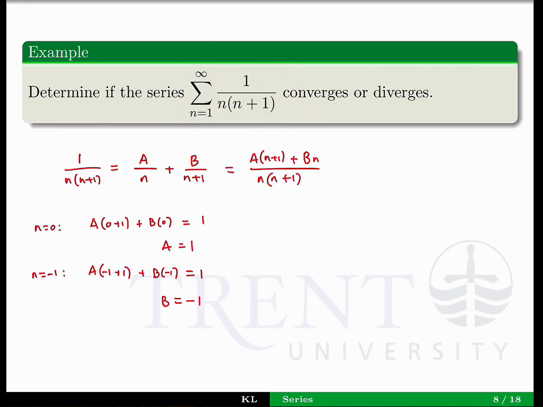We have your series, the sum of 1 over n times n plus 1, from 1 up to plus infinity, you can write this as the sum of 1 over n minus 1 over n plus 1, from 1 up to plus infinity.